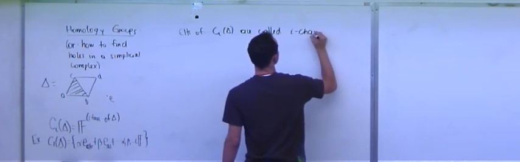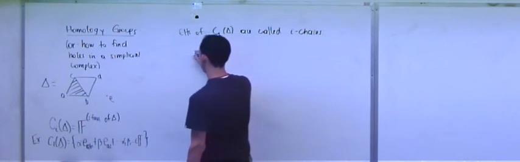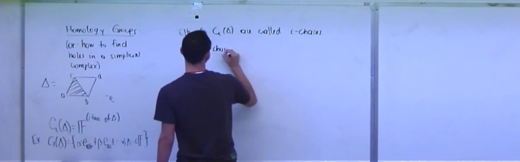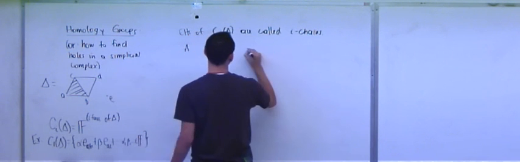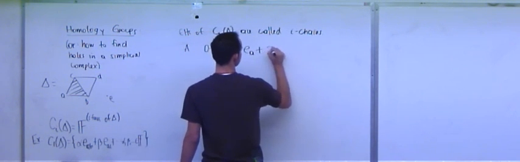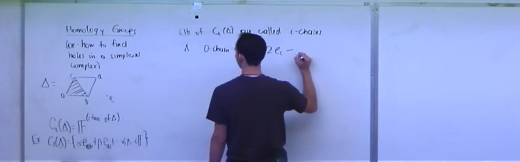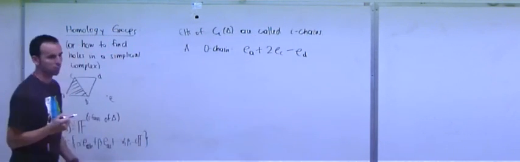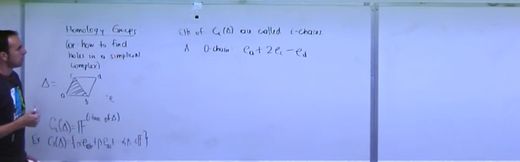For example, a zero-chain is something like e_A plus 2 e_C minus e_D.